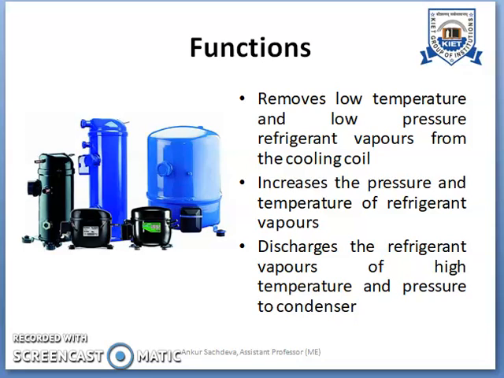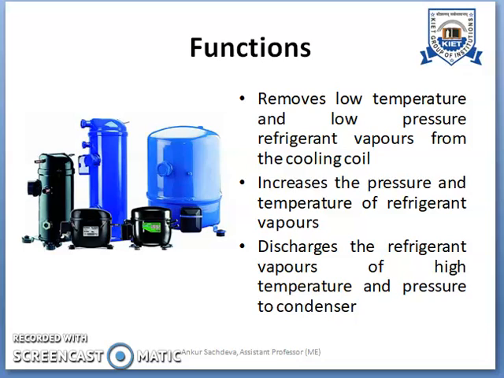Here the vapor refrigerant undergoes compression, isentropic compression ideally, but we know that in actual system the process is different from the ideal case. So after compression, the condition of the refrigerant changes to high pressure and high temperature condition.